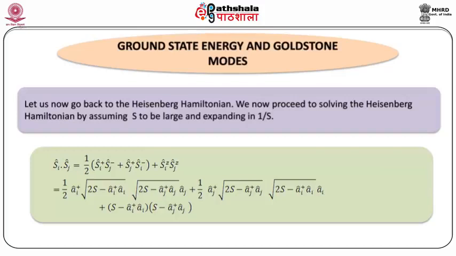The dot product of two spins at two different sites, let's say the ith site and the jth site, Si dot Sj, is equal to half of Si plus into Sj minus, plus Sj plus into Si minus, plus Siz into Sjz. This is standard quantum mechanics from textbooks.